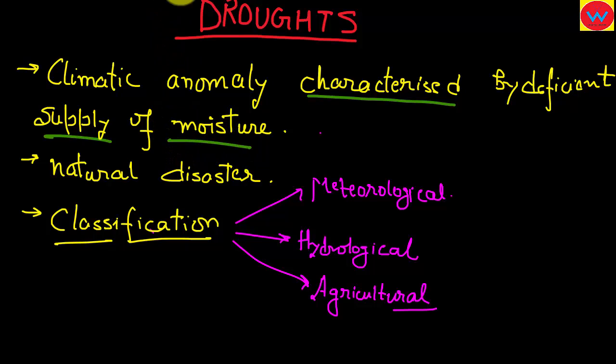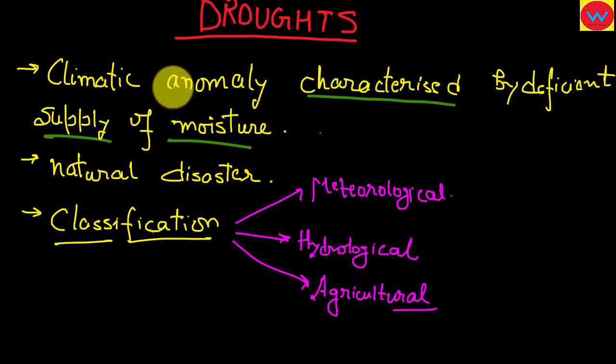Generally moisture is obtained by rainfall, and if there is very little rainfall, then we have a situation similar to what we call drought. But how much deficiency of water is needed to classify an area as drought, we will look at very shortly.